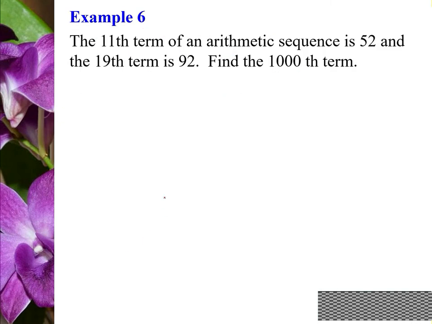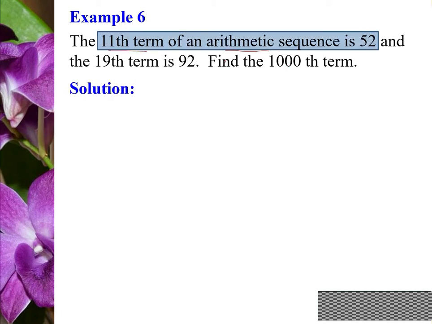Next example. The 11th term of an arithmetic sequence is 52 and the 19th term is 92. Find the 1000th term. This question also mentioned that we are dealing with an arithmetic sequence, so we know what formula is involved. The information given is that the 11th term of an arithmetic sequence is 52.